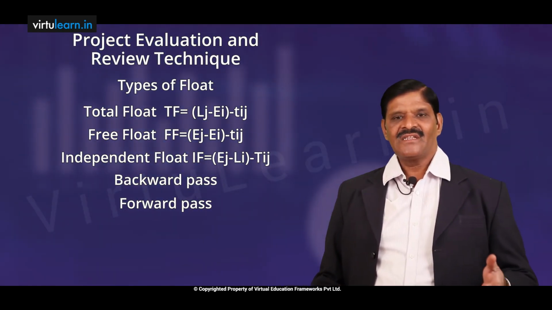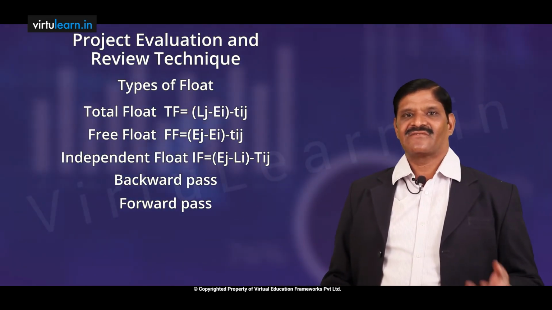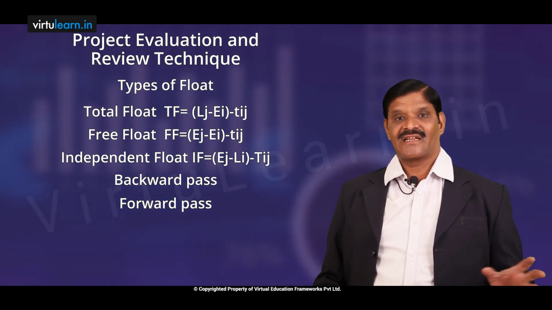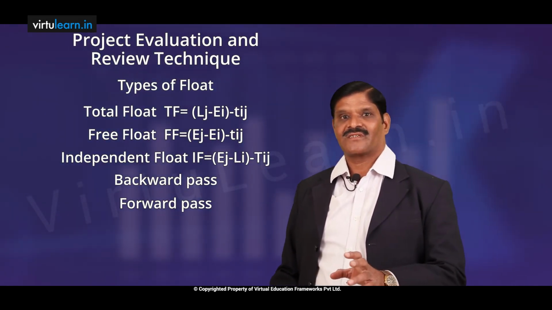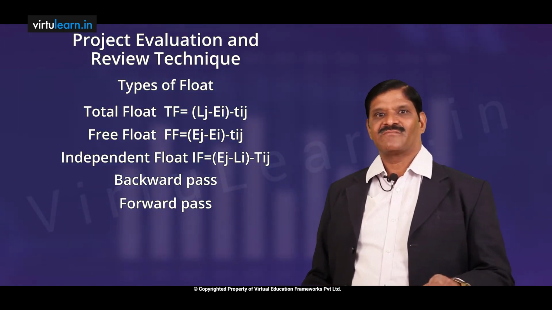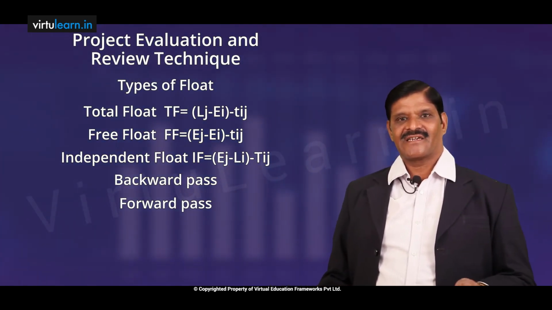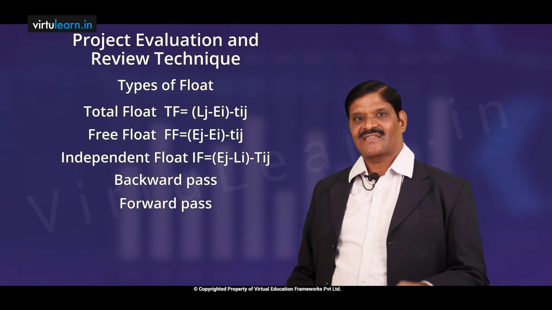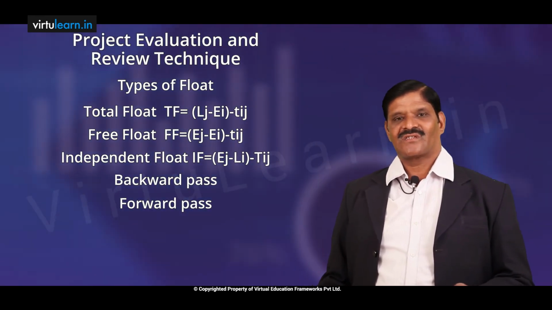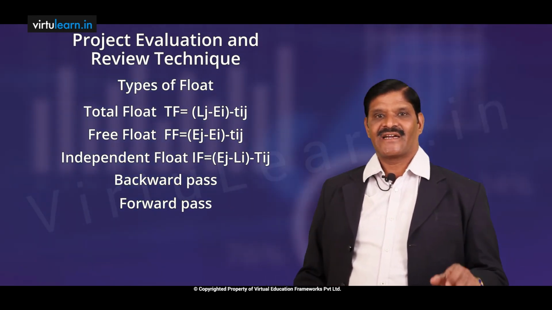Then similarly we want to find out the standard deviation of the project. That means to what extent the project can be delayed, what is the earliest possible time, latest possible time to complete. This will be estimated by using the standard deviation. Standard deviation is calculated for the activities which are lying on the critical path, and they are added together so that we will have the total standard deviation for the entire project.